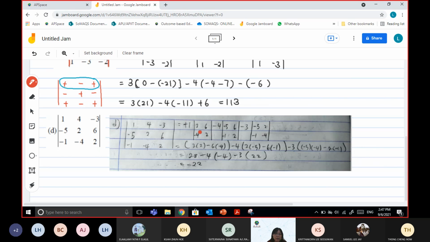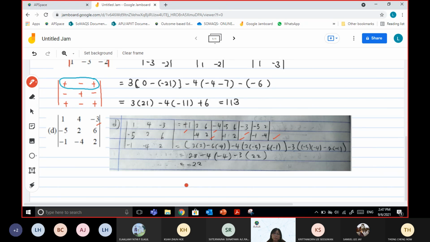So far I can see positive, negative. The negative 3 comes from the values in the first row. Then blocking the first column, 2, -4, 6, 2, correct. Blocking the second column, -5, -1, 6, 2. Then blocking the third column, -5, -1, 2, -4, correct.